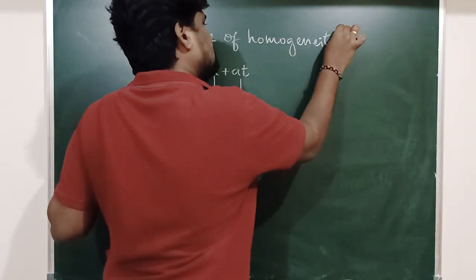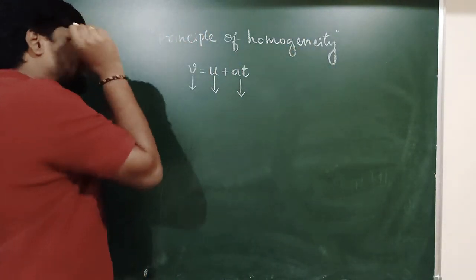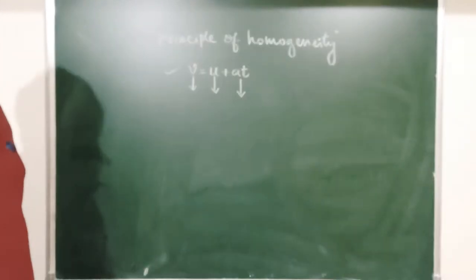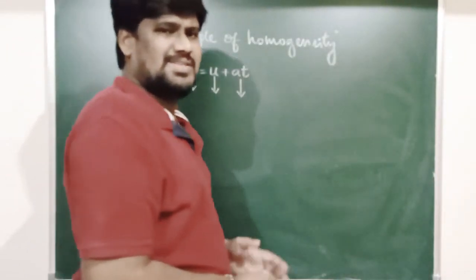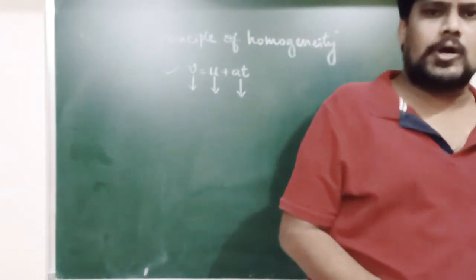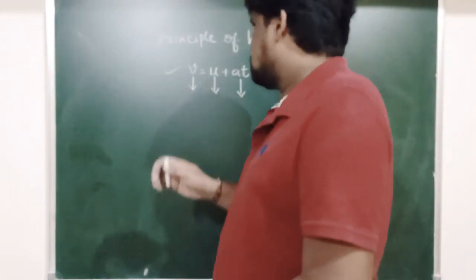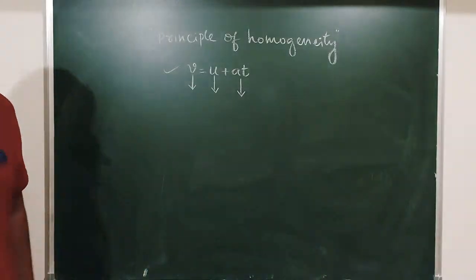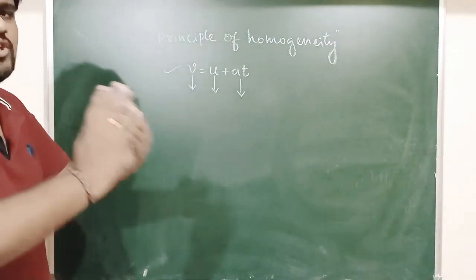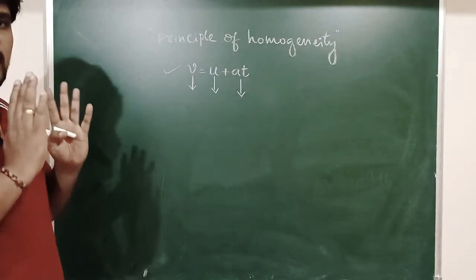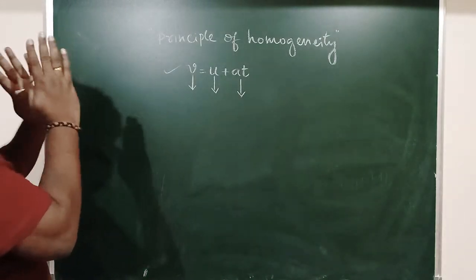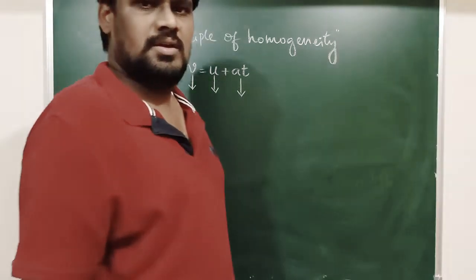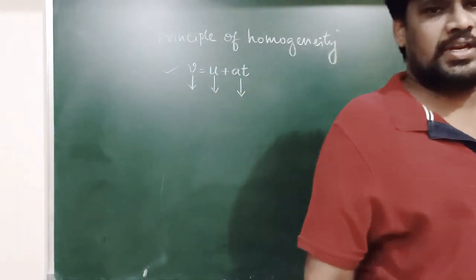This principle is used to check whether a given equation is dimensionally correct or incorrect. Let me focus on the statement of the principle of homogeneity, because our next questions completely depend on the statement of the principle of homogeneity. So tell me, what is the principle of homogeneity?